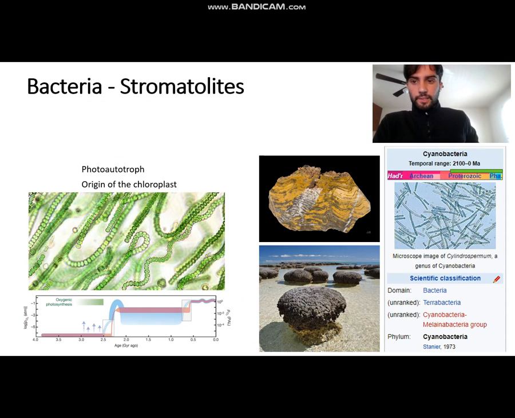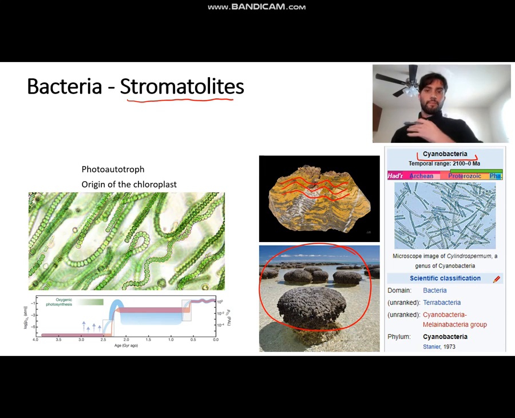Okay, so let's get to bacteria. We have these important cyanobacteria, which are very old, between 3.8 billion and 2.3 billion years ago. These are structures called stromatolites, which are layers of deposited cyanobacteria, and you can find them in Australia.